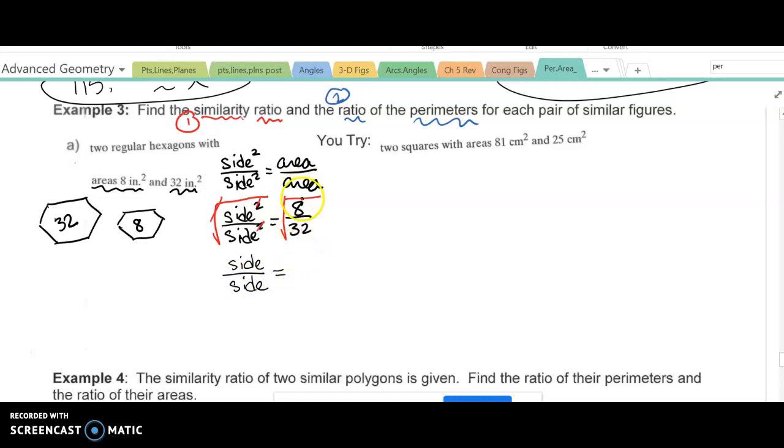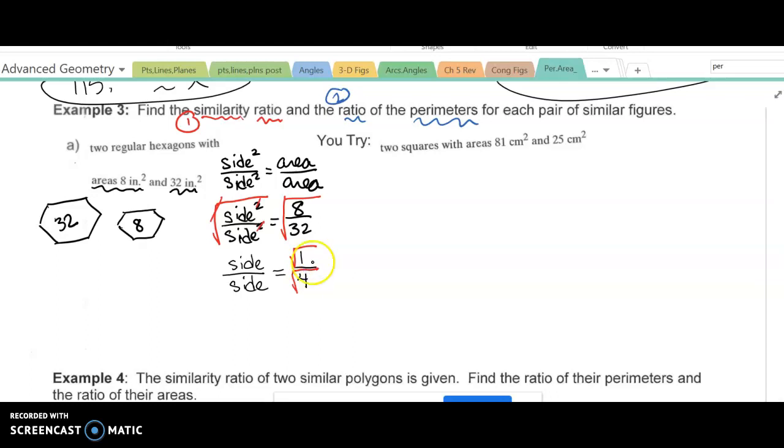And the easiest way to work this is to actually reduce 8 to 32 first. So 8 goes into 32 4 times, so this is a 1 to 4 ratio. The other thing I'm going to do here to make this easier on us is the square root of an entire fraction is the same thing as the square root of the numerator and denominator separately.